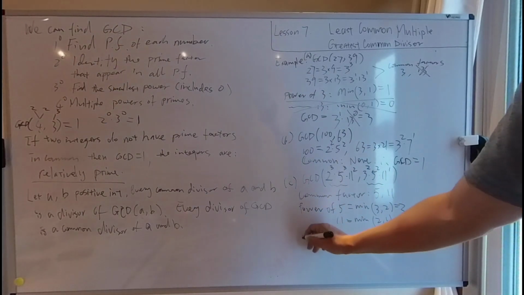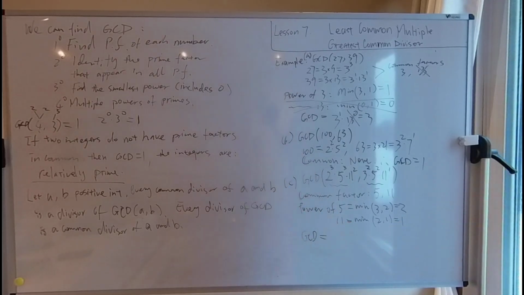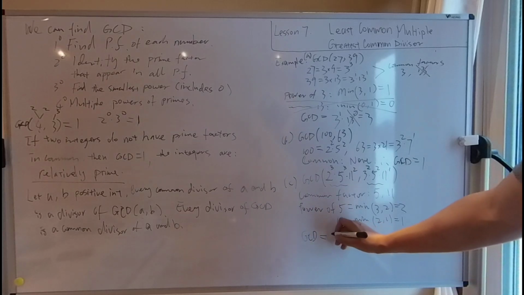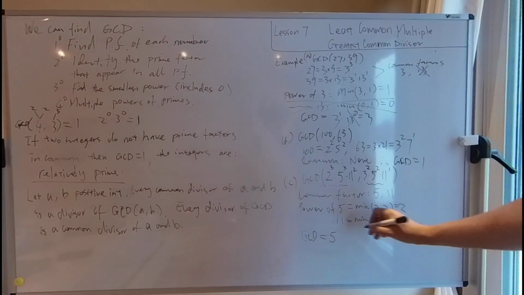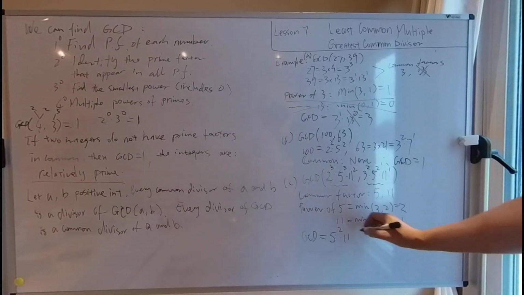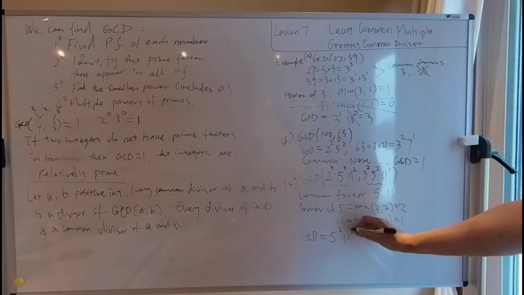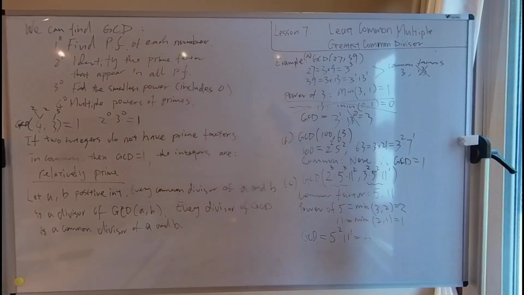So then the GCD is the product of the common factors with their minimum power. So common factor 5 with the minimum power of 2, common factor 11 with power of 1. You can further write this as an integer, but this is how you find the GCD.